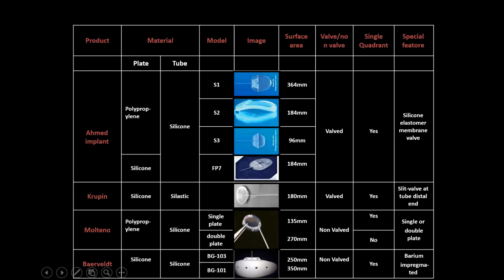But you can see here the surface area of the Baerveldt is larger than the FP7 Ahmed implant, and that's why arguably the encapsulation might be less with the Baerveldt shunt, but this is to be proven by further studies.